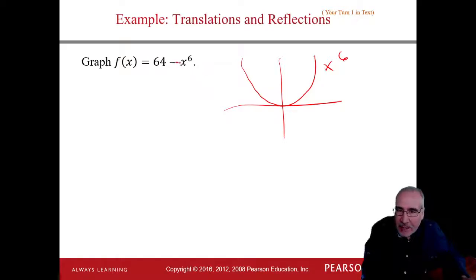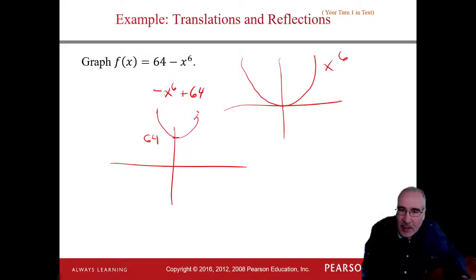We've got a negative on the outside, and we could have written it this way, we're actually adding 64. So to graph this, it's going to get moved up 64, right? So we go like that. But then this negative on the outside is going to flip it.